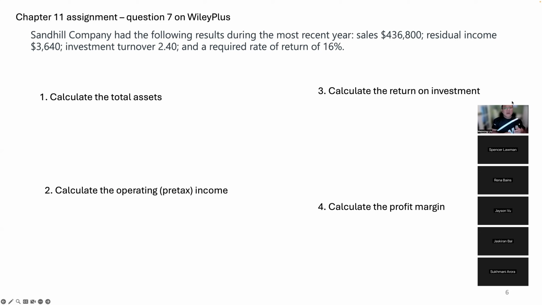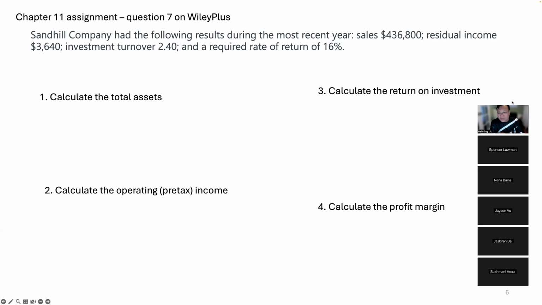Sandhill Company had the following results during the most recent year. Sales, $436,800. Residual income, $3,640. Investment turnover, 2.4, and a required rate of return of 16%.